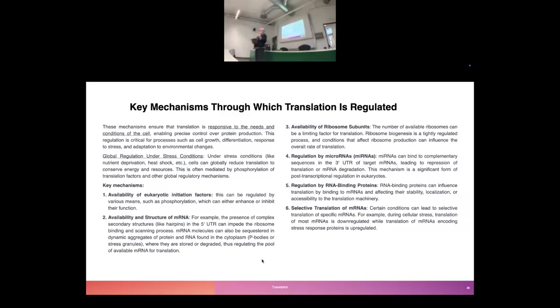All those, the availability of the initiation factors. If you're running out in the supply of initiation factors, you will slow down translation. You can also make changes in the elongation part. If you have the interaction with microRNA, for example, those will impair the sliding of the ribosome.